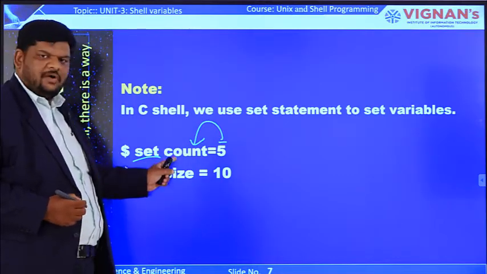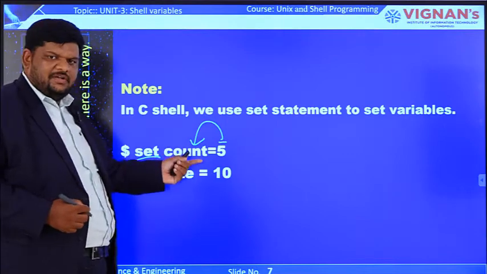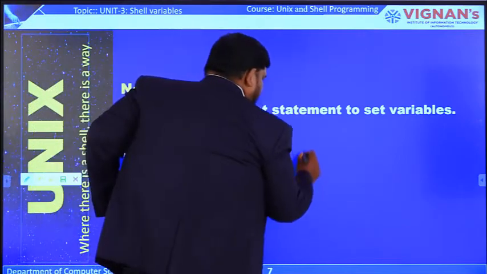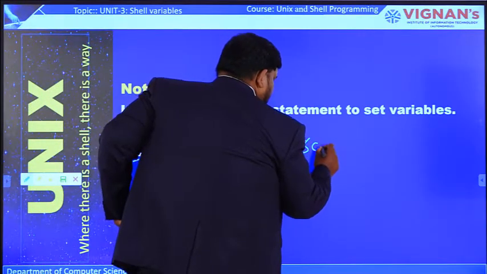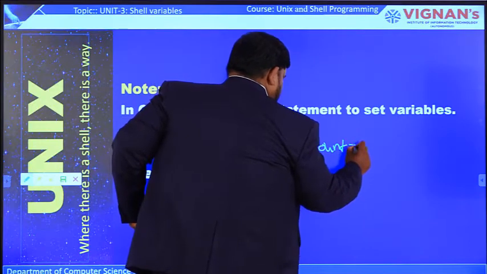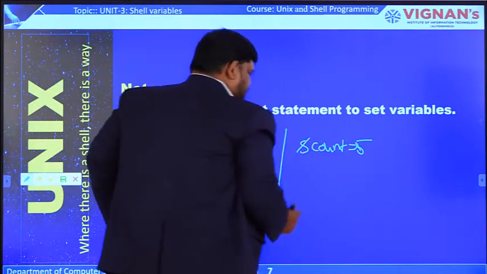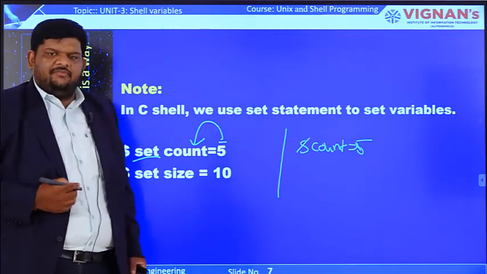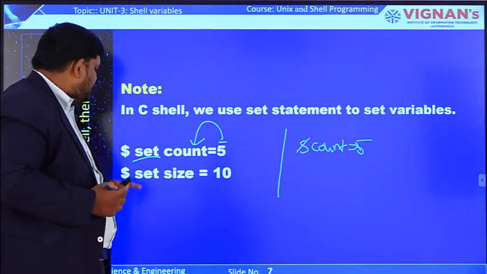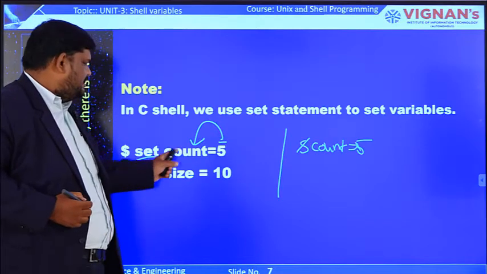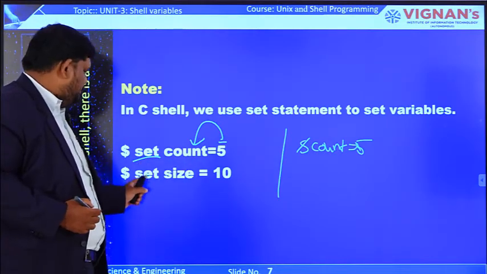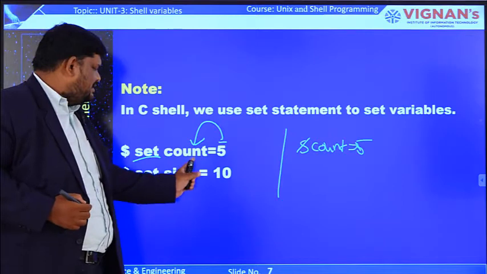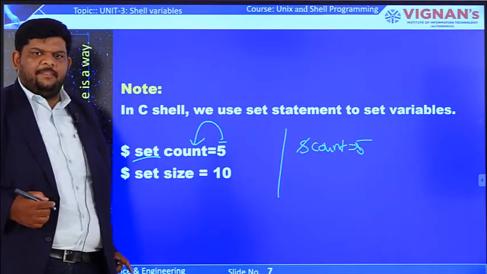Whereas in the Bourne shell, as explained previously, we just write count = value, with no set command. But in the C shell we have to write the set command. Another example: set size = 10.